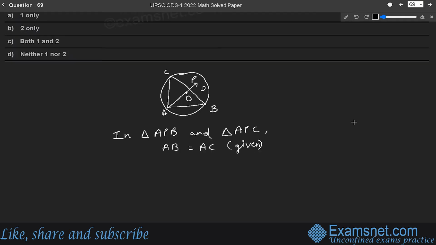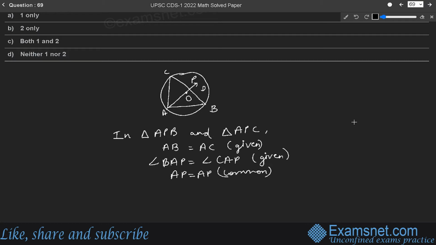Further, looking at the triangles, we find that angle BAP is equal to angle CAP. It is also given in the question. And we can see that AP is equal to AP. It is common. Now you can see that these are the two sides and there is one angle.